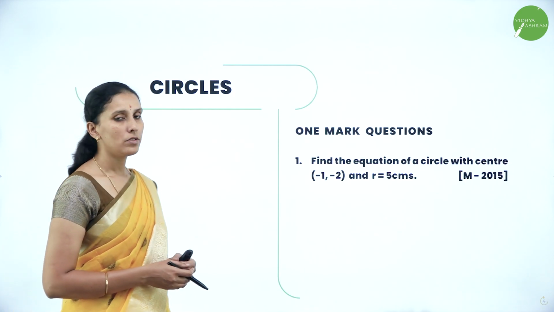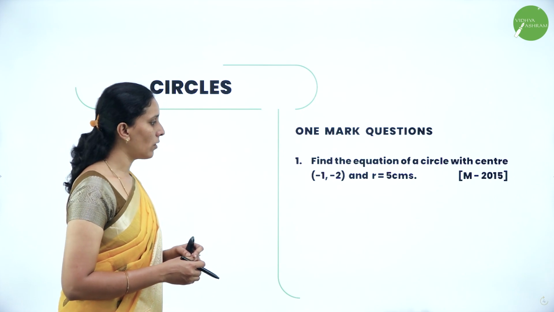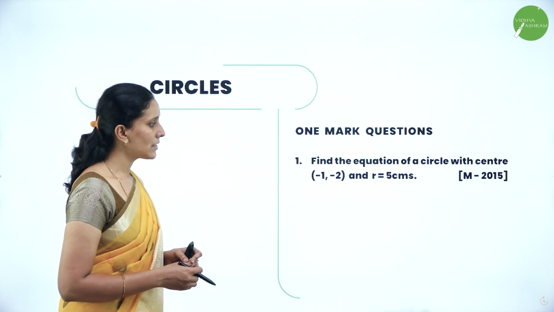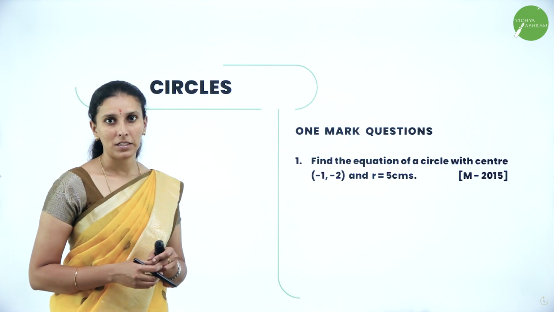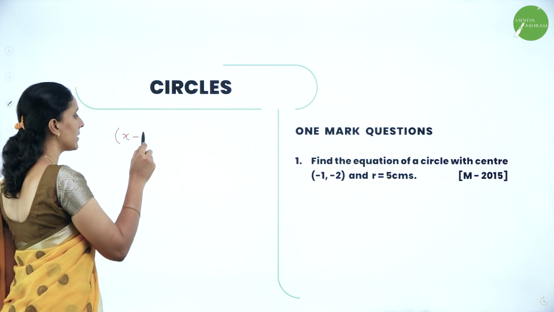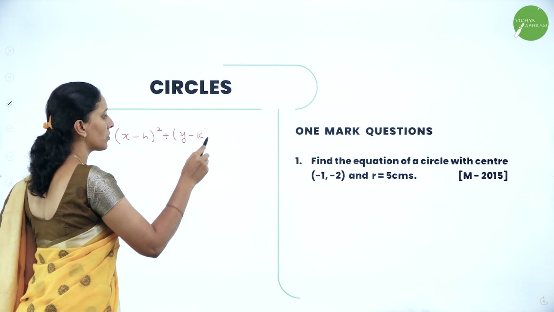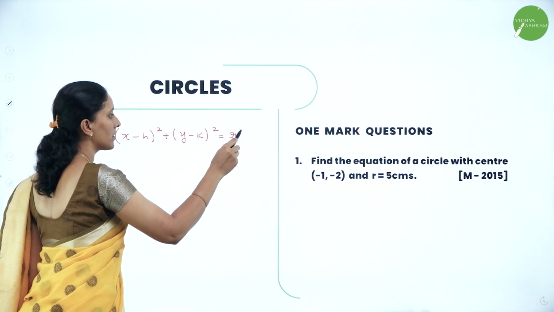1 mark questions. Find the equation of a circle with center minus 1, minus 2 and r is equal to 5 centimeters. So we know the general equation of the circle, x minus h whole square plus y minus k whole square is equal to r square.